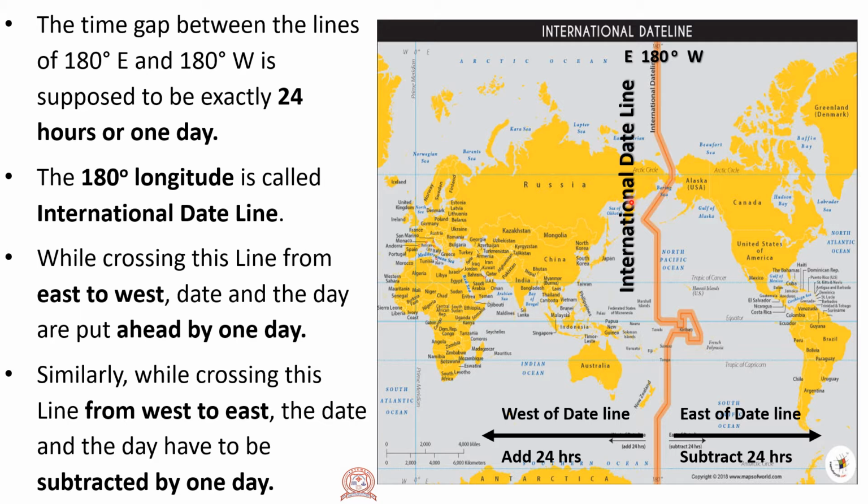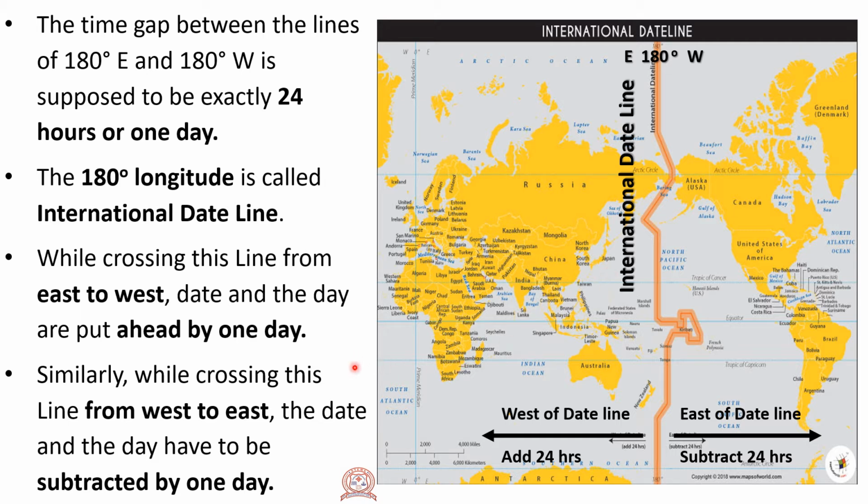While crossing this line from east to west, the date and the day are put ahead by 1 day. For example, in New York, the day is 31st December, while in Japan, the day is 1st January.